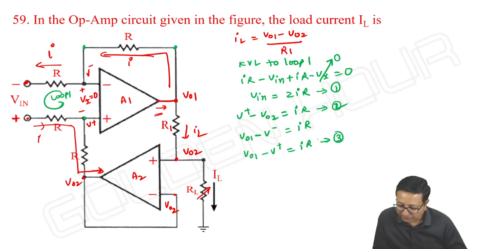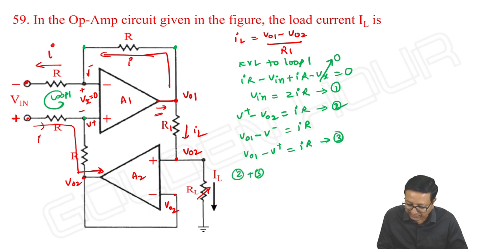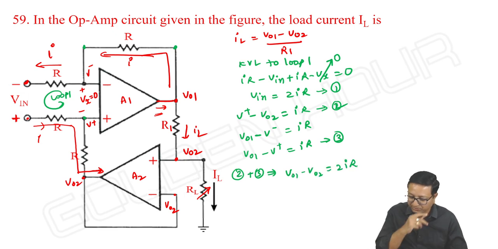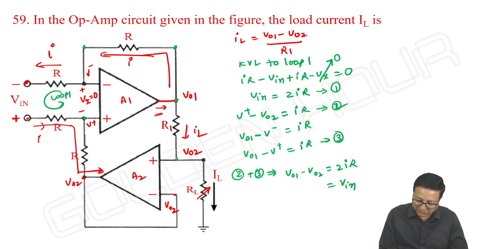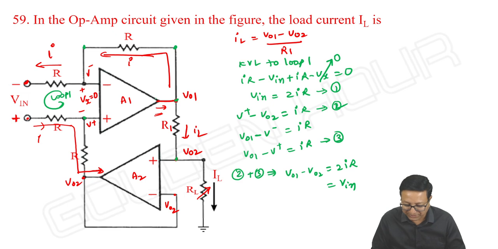If I add 2 and 3, V plus minus V plus will be cancelled, so VO1 minus VO2 is equal to 2I into R. What is 2I into R? It is nothing but V input. VO1 minus VO2 is equal to our input only. See the interesting point here.